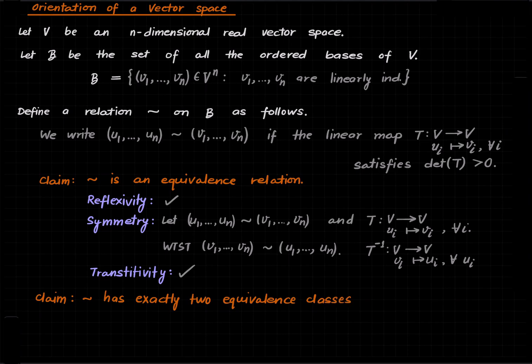And the way we would prove it is the following. Suppose we pick some element in the set script B, and suppose we have two other things, V1 up to Vn and W1 up to Wn in script B, such that they are both inequivalent with U1 up to Un.